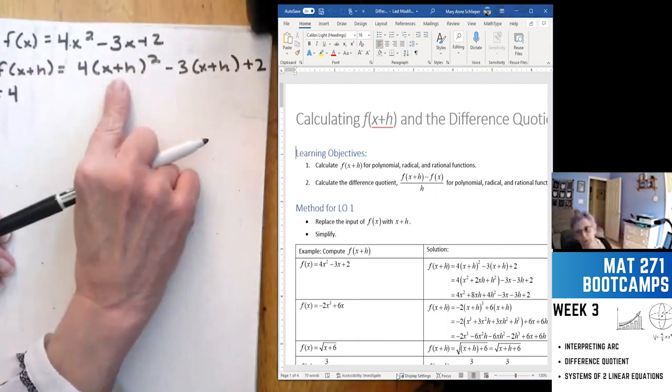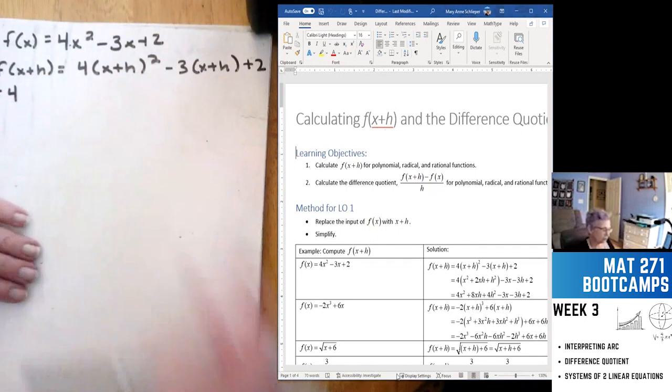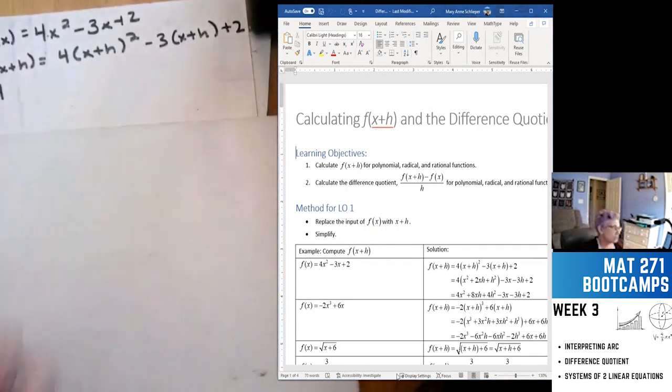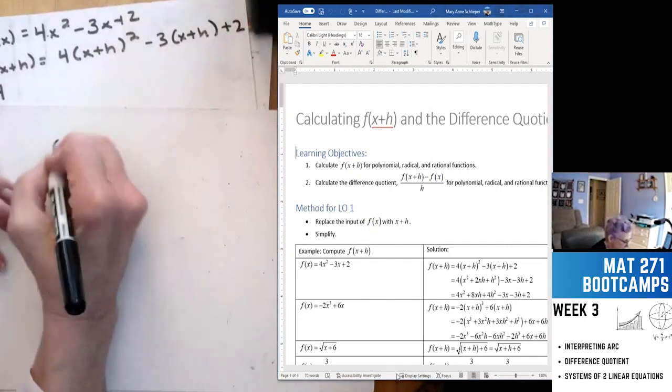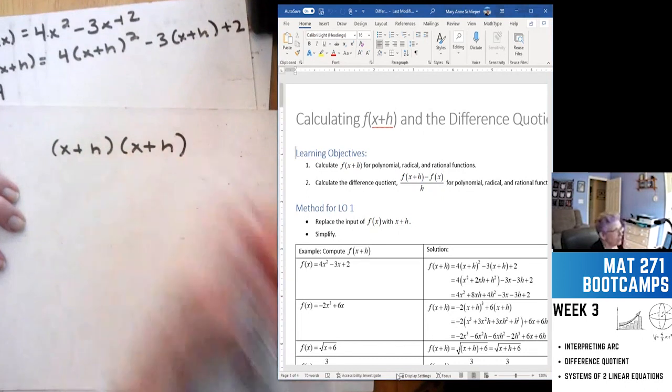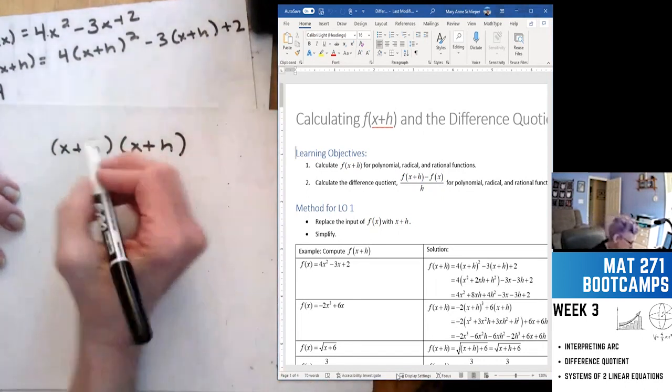Now, maybe you've been doing these already and you have FOILed x plus h a few times. If not, come over to the side and do your first, outer, inner, last.